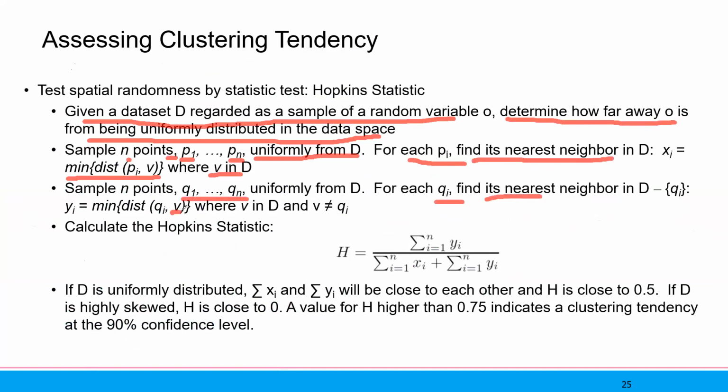So after we have the X, we have the Y, then we can calculate the Hopkins statistics.